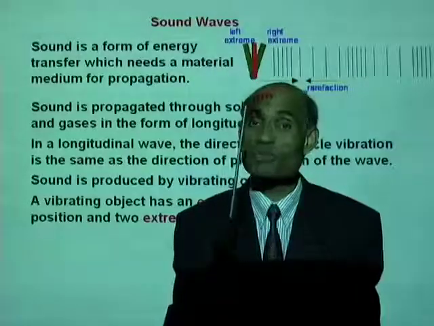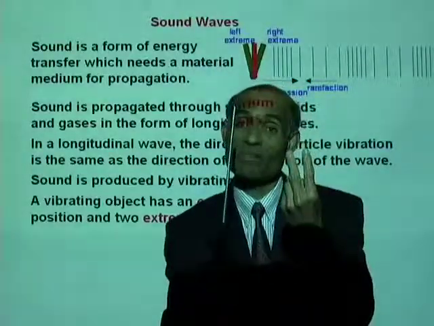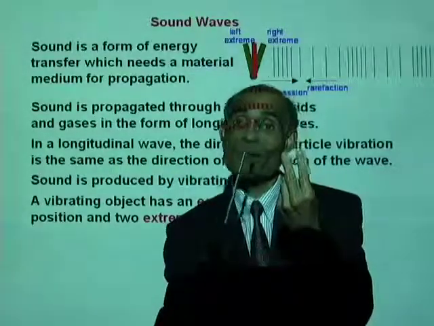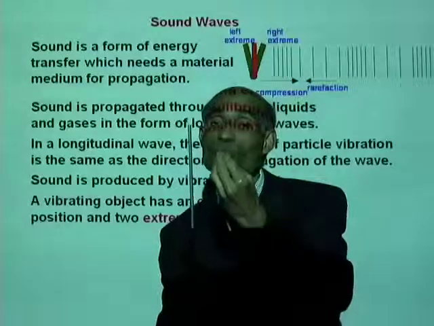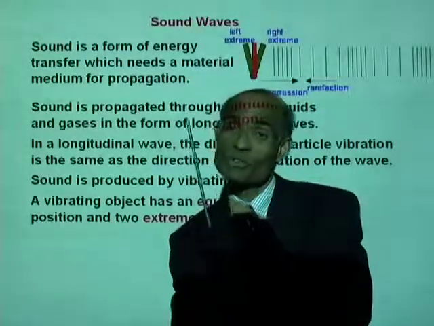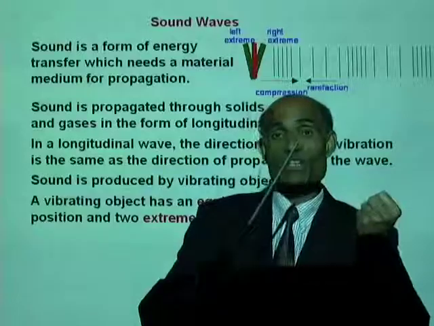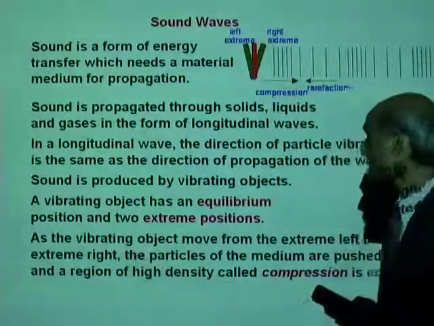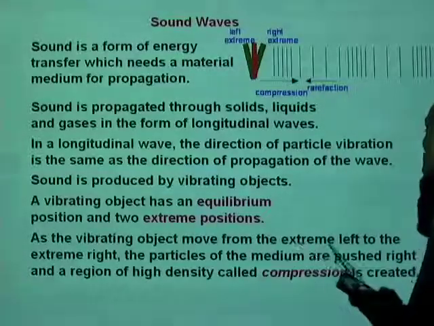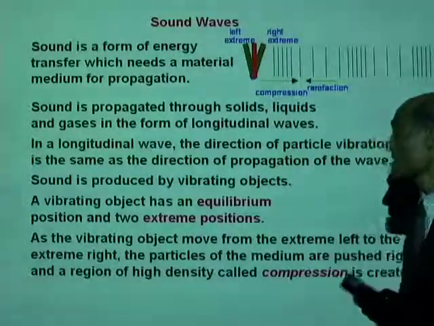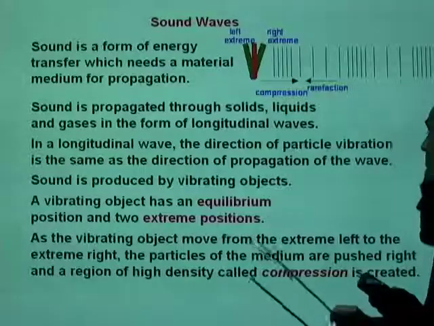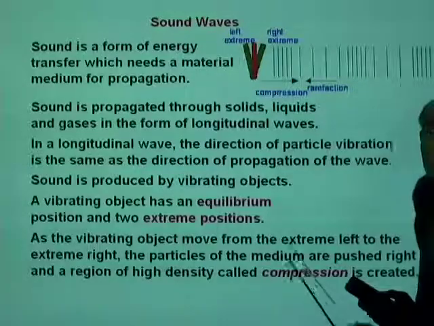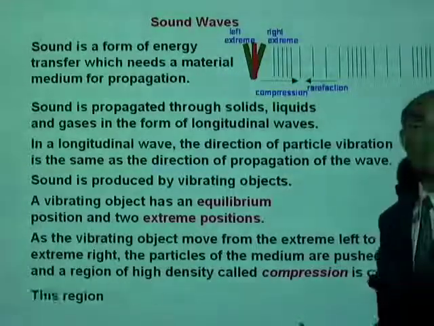Remember, the vibration of a particle has two parts. It vibrates forward and then backward. During the forward vibration, the particle is in a region of high density. During the backward vibration, it is in a region of low density. As the vibrating object moves from extreme left to the extreme right, the particles of the medium are pushed to the right, and a region of high density called compression is created.